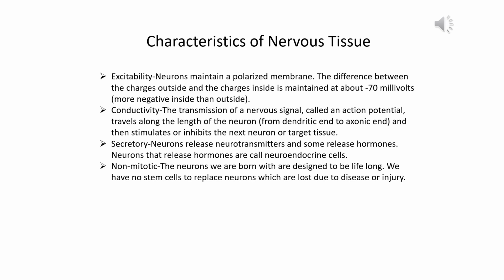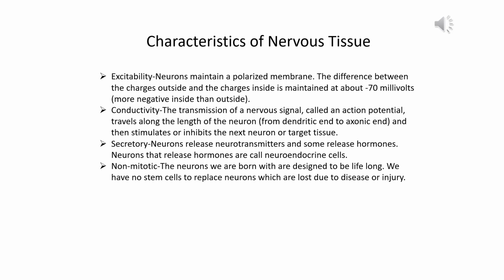They are both neurons and secretors of hormones and paracrine signaling molecules. The last characteristic that I've listed here is the non-mitotic nature. When we are born, we have all the neurons that we're going to get.